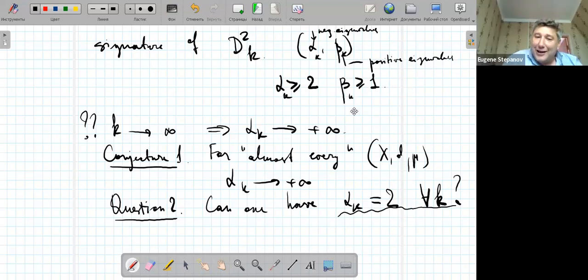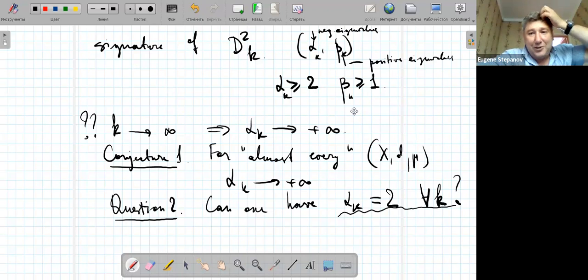And conjecture 1, I'm quite sure that this is true, that for almost every metric measure space, you will have, let's say, infinitely, in the limit, infinitely many negative eigenvalues, which, by the way, in infinite MDS, those negative eigenvalues become positive eigenvalues because you multiply by -1/2.